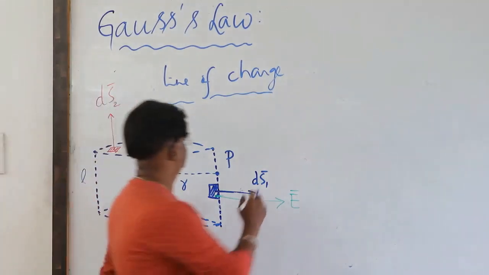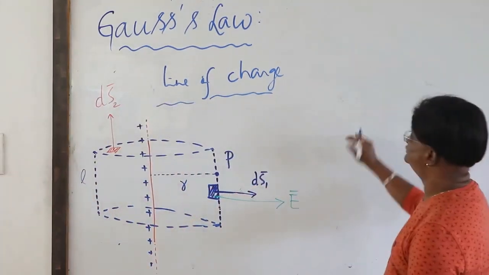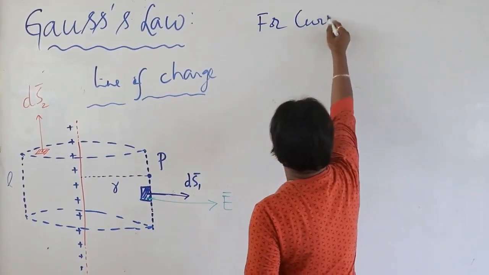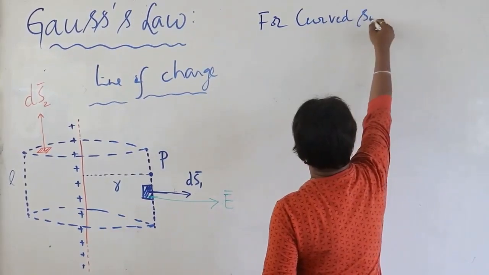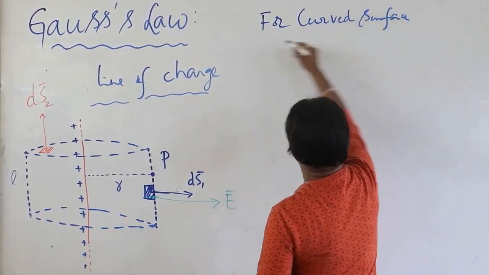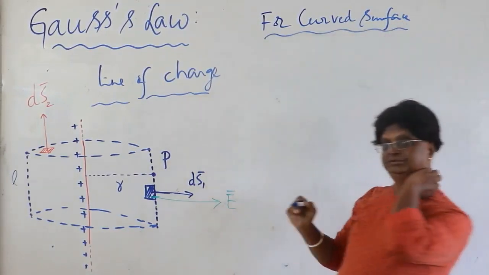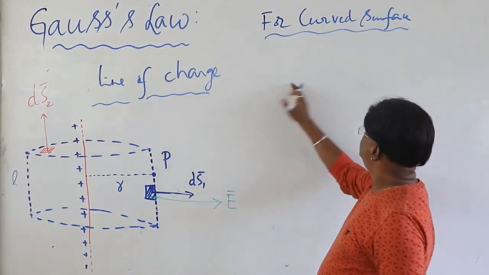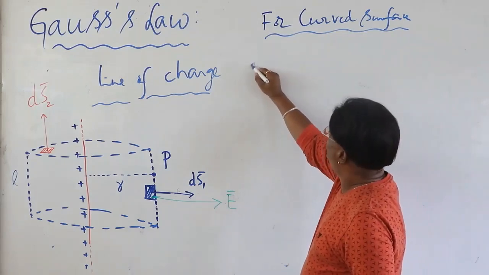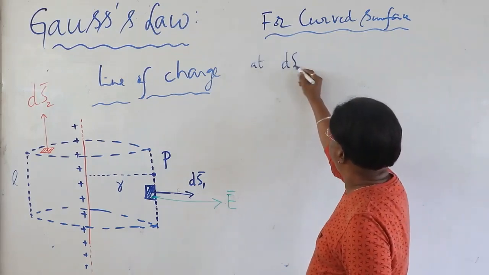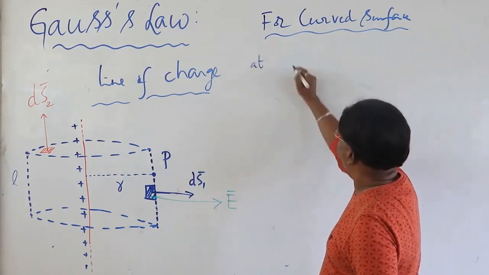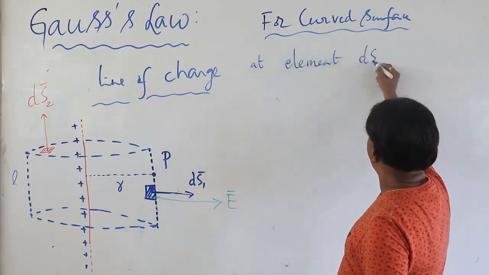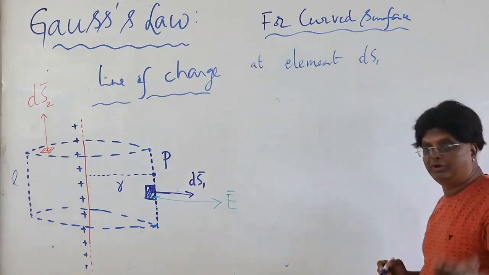Therefore now you see, I am now applying Gauss law. For the curved surface I will write; afterwards we will write it for planar. For the curved surface, at the element ds1, what do you observe?